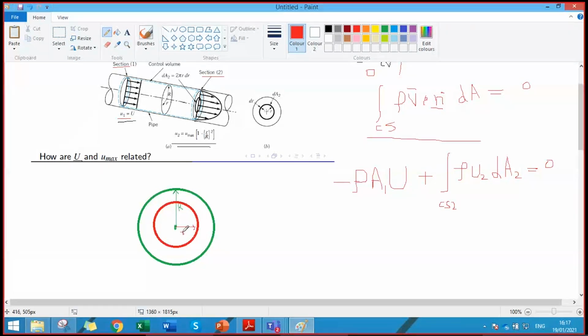Pi small r square. If I say the distance between these two circles is variable, that is, small r can change, capital R will remain fixed. Small r can vary from 0 to capital R, right? And that change is represented by dr.